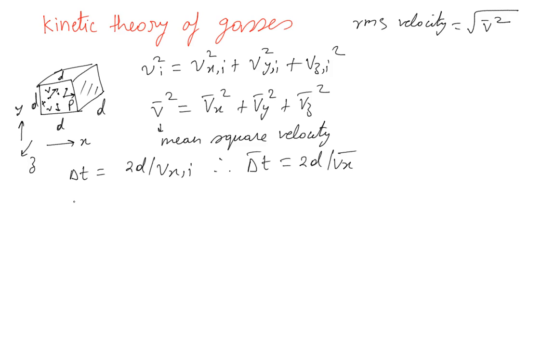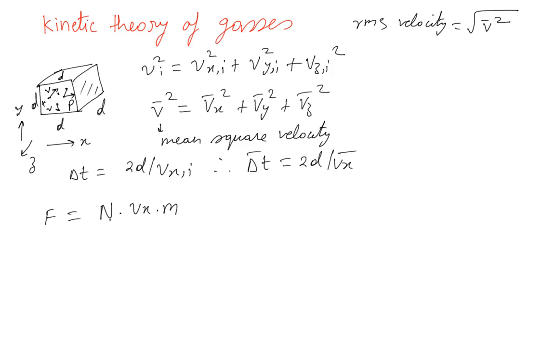Moreover, when a particle hits the wall and rebounds backward, this is done by the force provided by the wall, and in turn the particle provides the same force in the opposite direction. So the force exerted by all these atoms on the wall is going to be n, where n is the number of molecules, times vx times m.